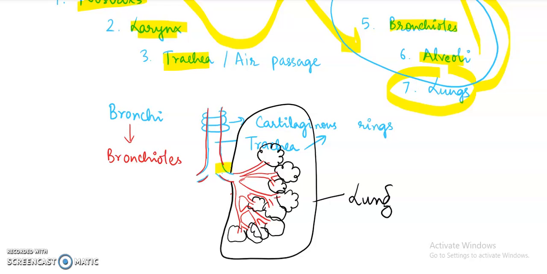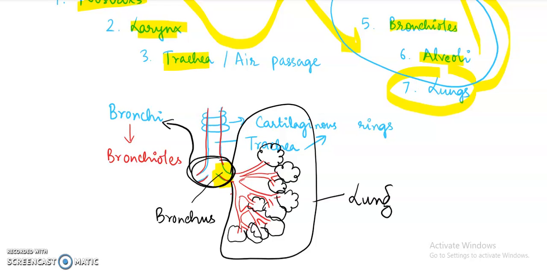Here remember, when we are talking about one bronchus, we should use the word bronchus. And when we are talking about both, we have to use the term bronchi. So bronchi is a plural word, bronchus is a singular word. When you are using it, you need to be careful.